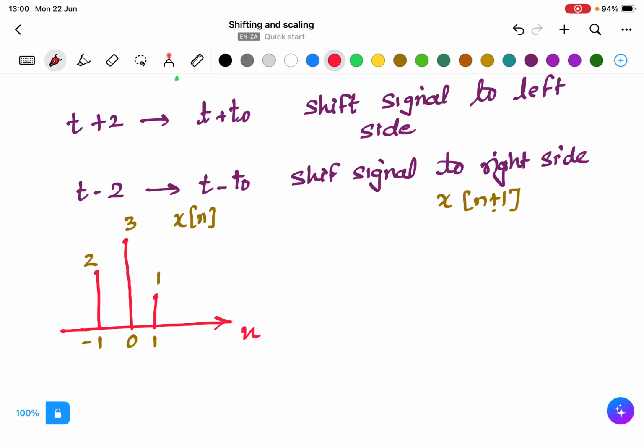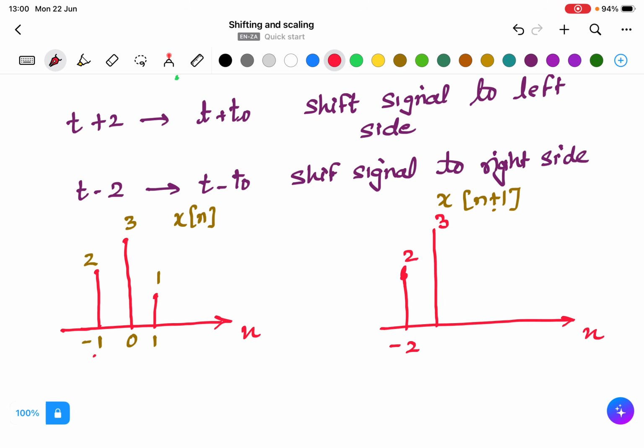So -1 will reach -2 with the same amplitude 2, this is 3, and this is 1, which will be at 0.